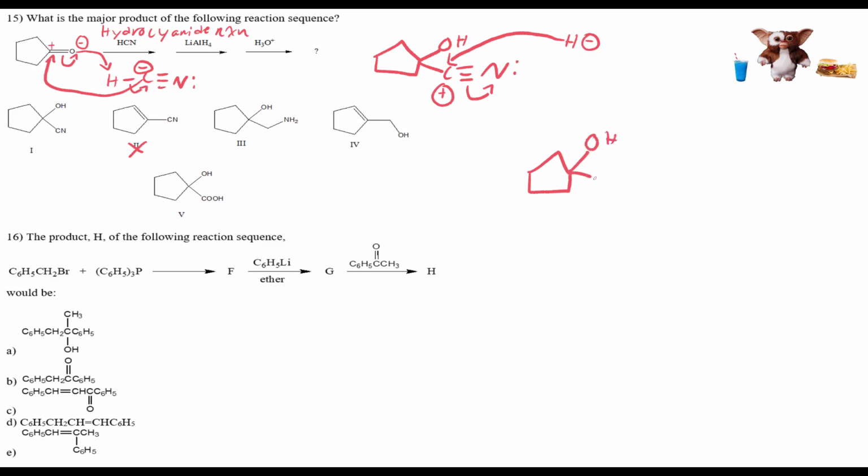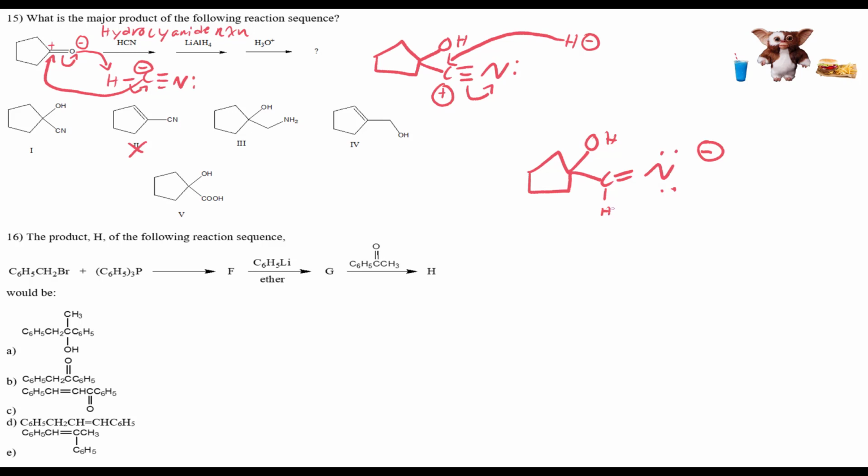So now we have a carbon that's double bonded to a nitrogen, and this nitrogen has 2 lone pairs. Nitrogen has 5 valence electrons, 5 minus 4 is 1, and 1 minus 2 is negative 1. So that's negative right there, and we have a hydrogen.